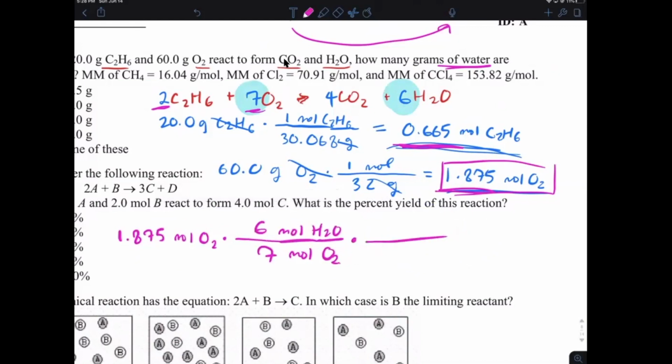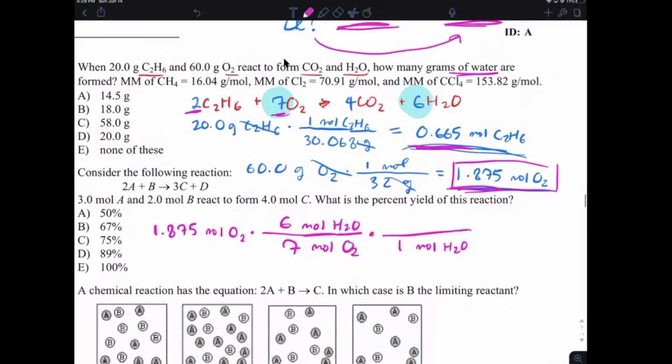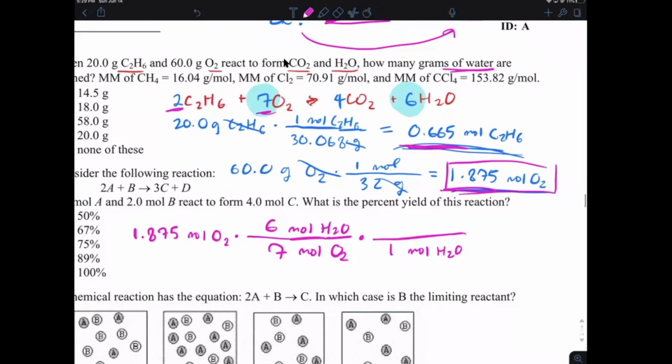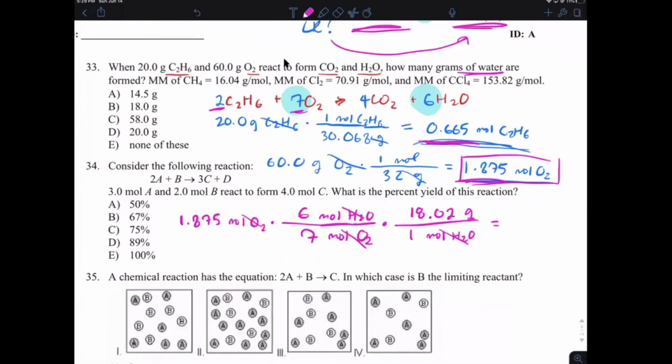So now that we have it in moles H2O, how many grams are there in 1 mole of water? It looks like around 18. So then we should get around 28.9, around like 30-ish. Is that right? Yeah, 30-ish.